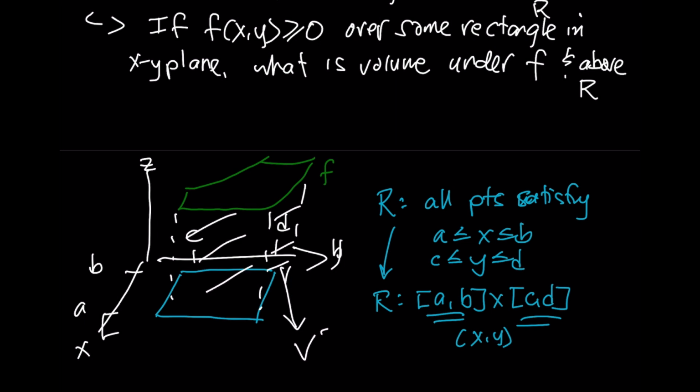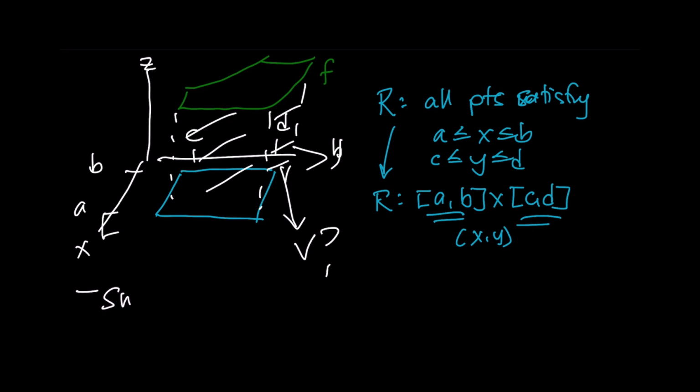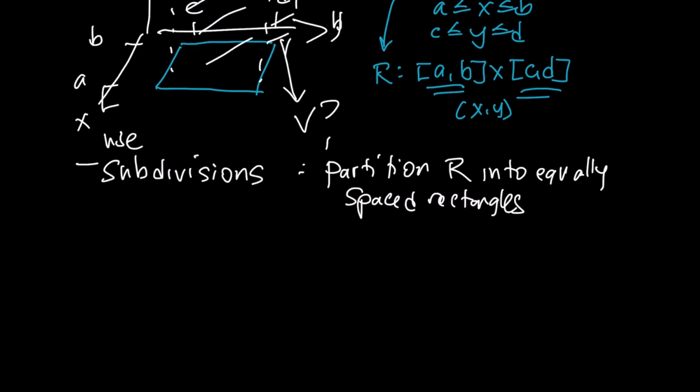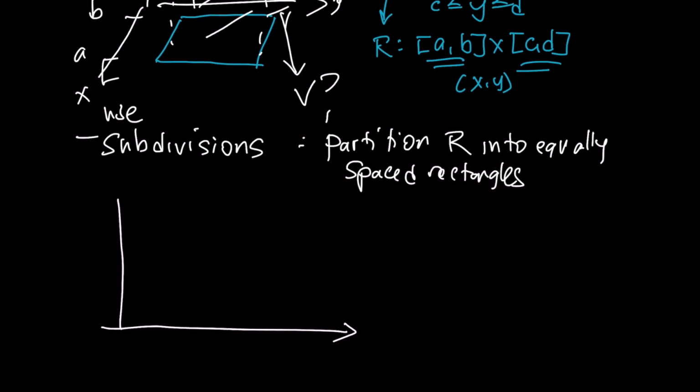Here's our function. What we're trying to do is figure out the volume underneath that function, but above the rectangle. Now, as before, we're going to use this subdivision idea. So we're going to partition this rectangle R into equally spaced rectangles. So we'll draw our usual xy axes here, and we'll take our rectangle.